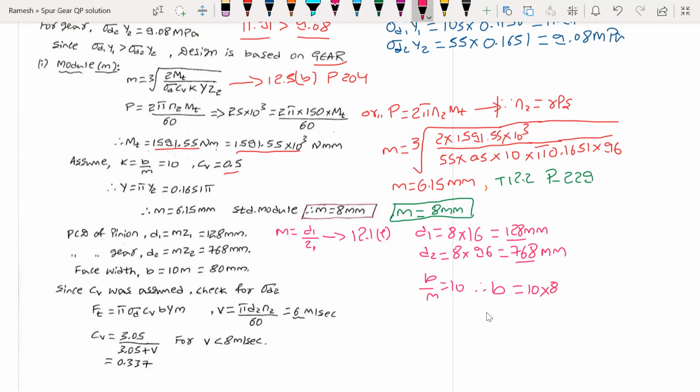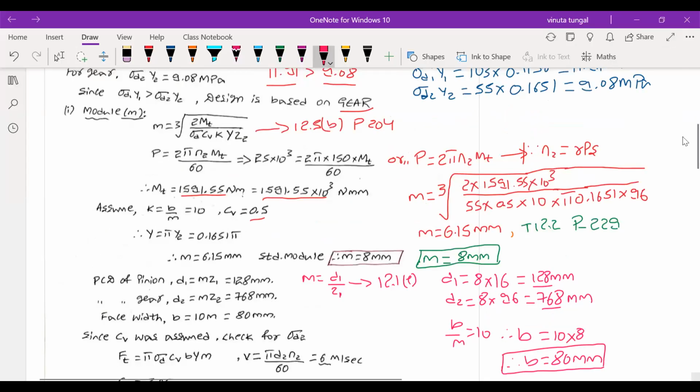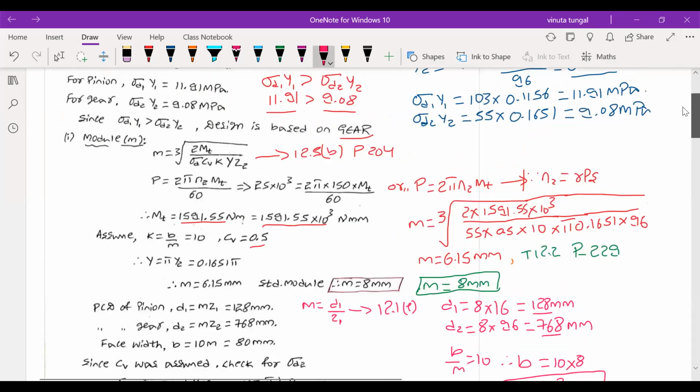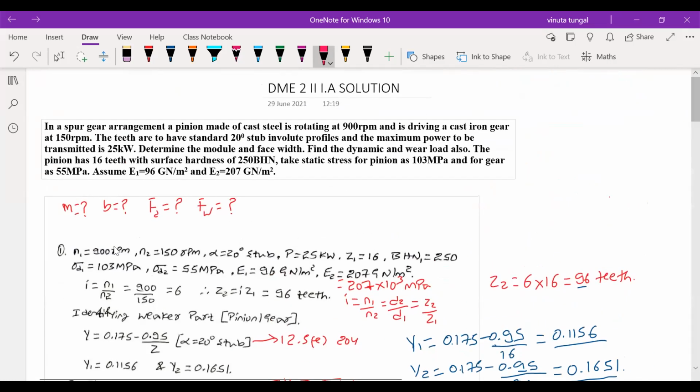Therefore, b value will be 80 mm. Okay, here you can see that he has asked us to calculate the module and face width, which we have calculated.